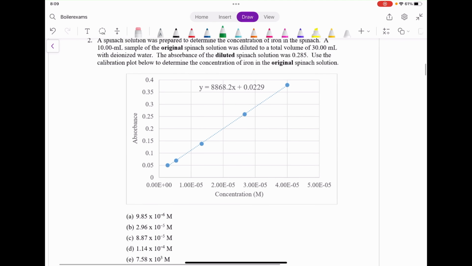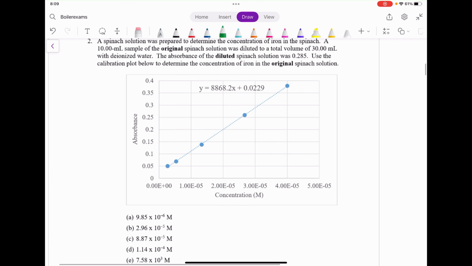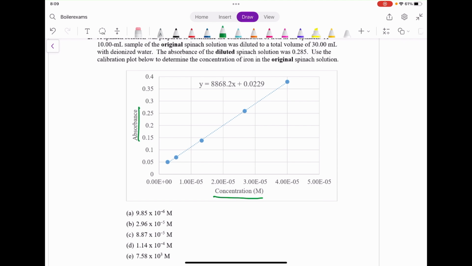Similar to the last problem, they give us an absorbance, which is the y-axis, and they want the x-axis. I think there's going to be one more step here, but let's first start by doing that. The absorbance is 0.285, and we know the relationship of this line, so let's plug this in and solve for x.